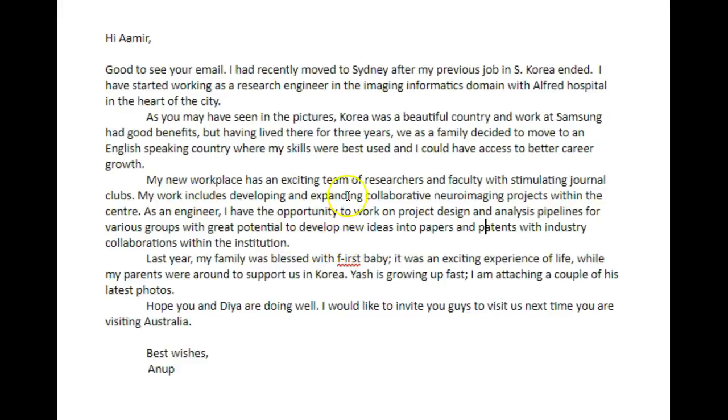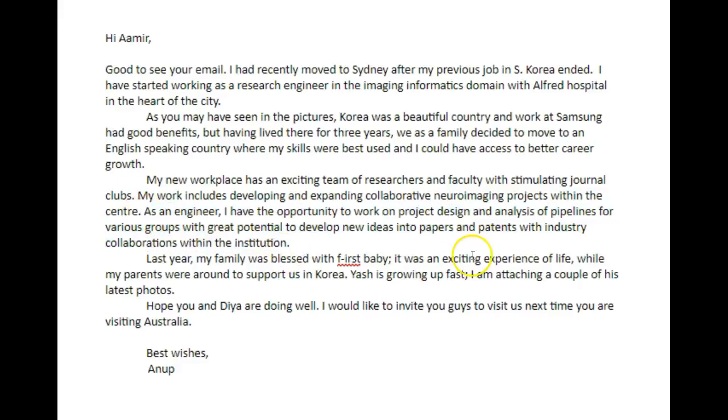As an engineer, I have the opportunity to work on project design and analysis of pipelines? Are you talking about actual oil pipelines? It depends on your meaning in this sentence.